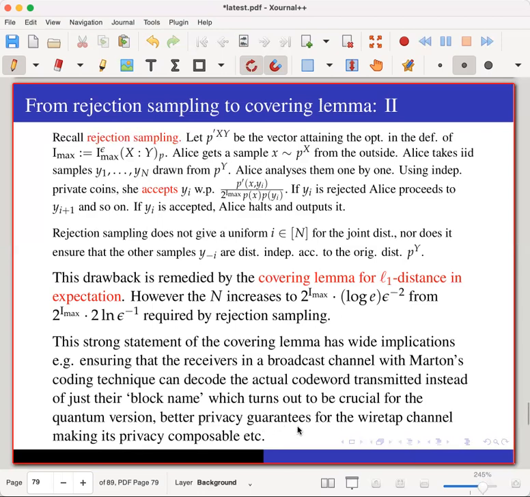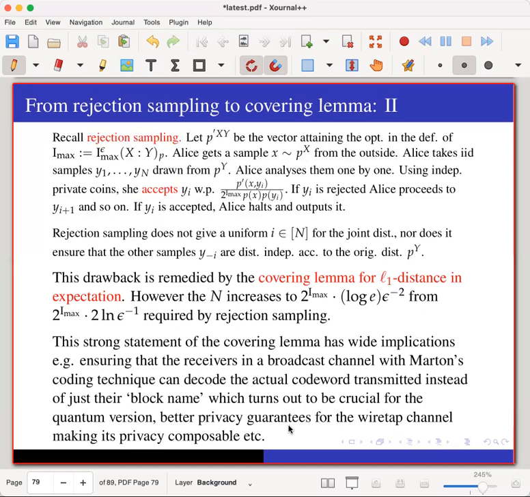Then this gives better privacy guarantees for the wiretap channel. And in particular, because it's a covering lemma for L1 distance, it makes the privacy composable. Composable means, suppose I have a channel and I get some privacy guarantee, the wiretap channel. I can use this channel as a subroutine in a bigger information transmission protocol, as a black box. If you look at, for example, the wiretap channel in El Gamal and Kim's book, the privacy requirement was given in terms of mutual information. Those are not composable.